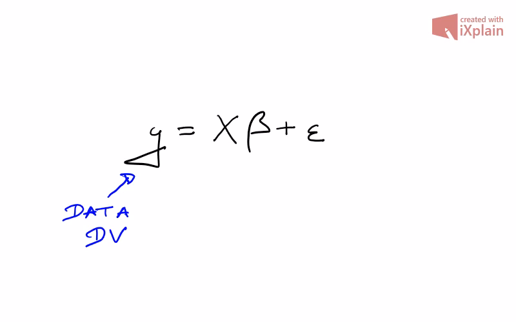Then there's an equal sign, which is the equal sign that you are familiar with from school in some way. I'm writing a probabilistic model, but anyway, it's an equal sign that you're familiar with. And then there's something called x, which is actually the independent variable, and also called the design matrix.